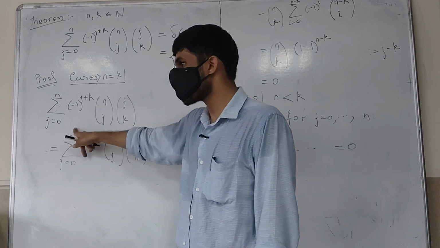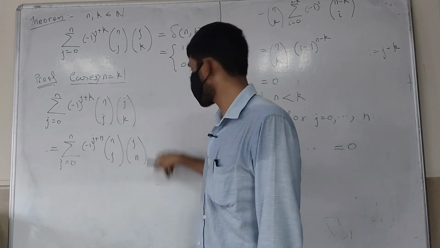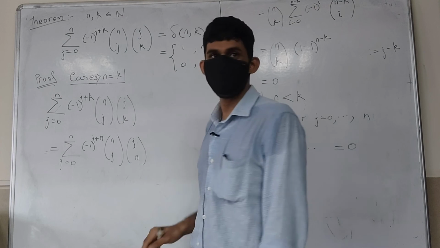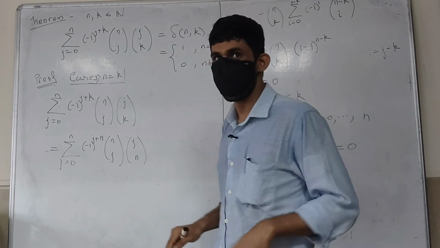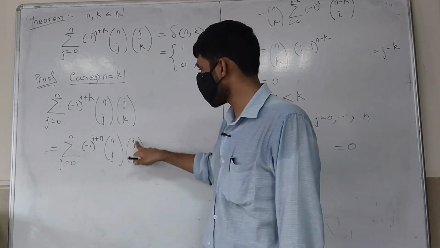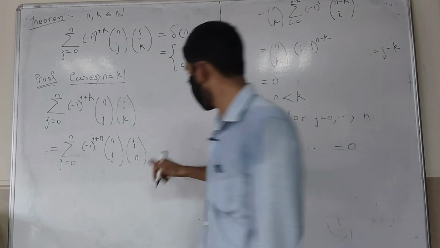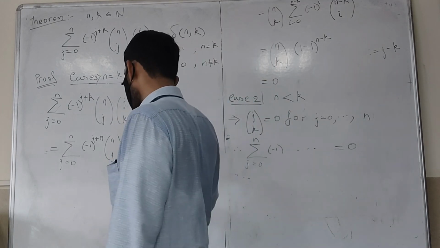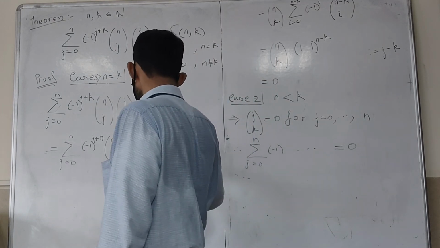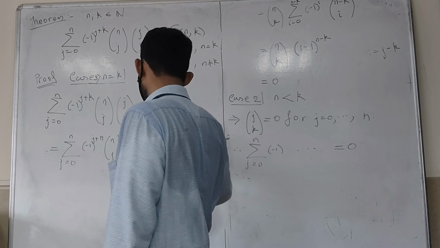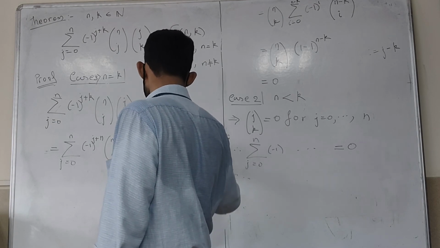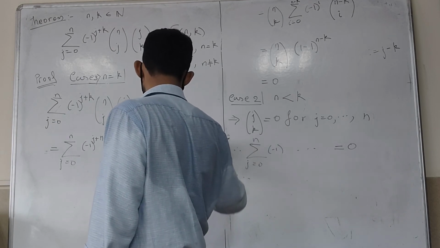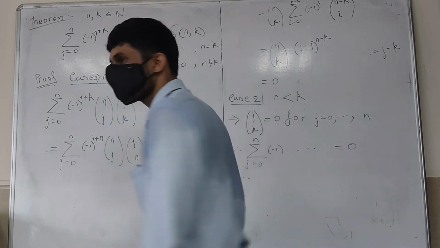From 0 to n − 1, j is less than n, so this fellow will become 0. So which one will be left? Only one term, that is nCn. That is when j is n, that's the only one which will be left. So you will get (−1) raised to n plus n, which is 2n, times nCn times nCn. That proves it.